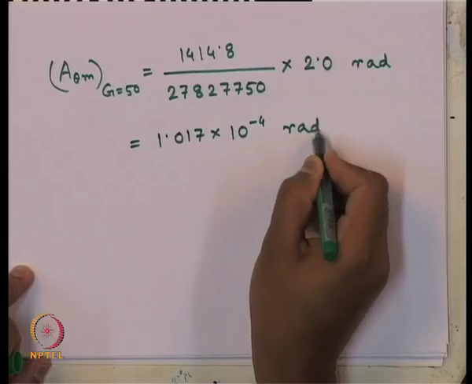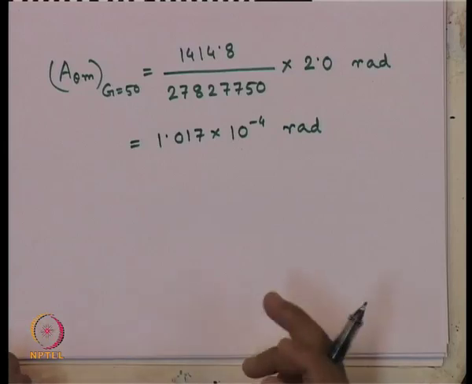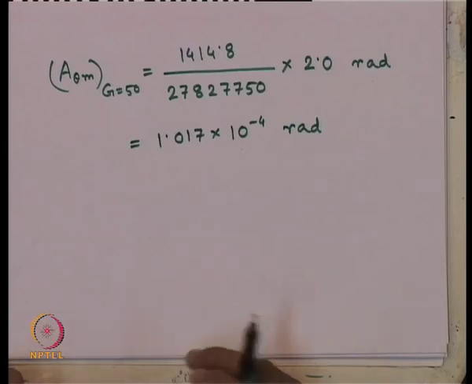As I said again, this angular or torsional displacement we can compute in terms of linear dimension also by multiplying the corresponding length.